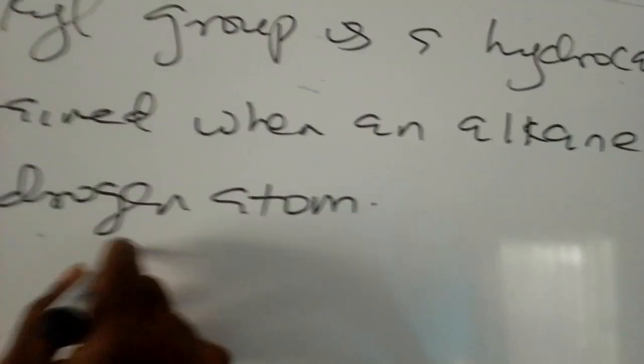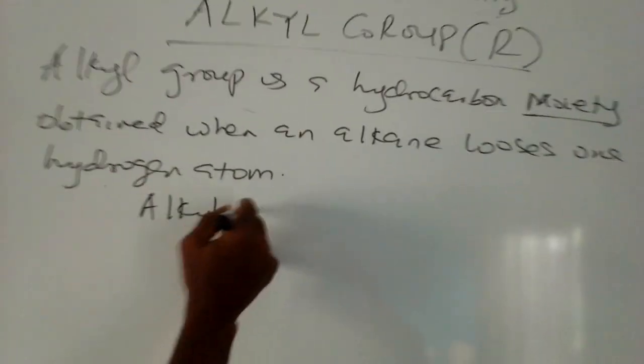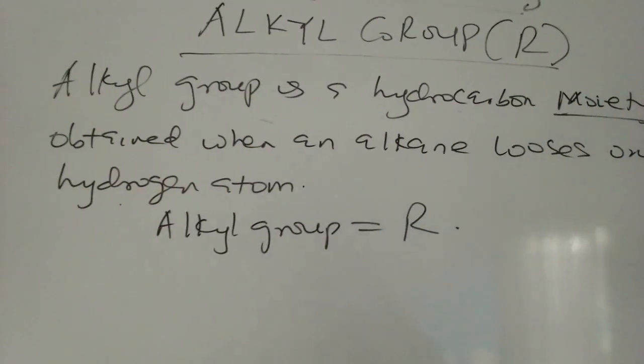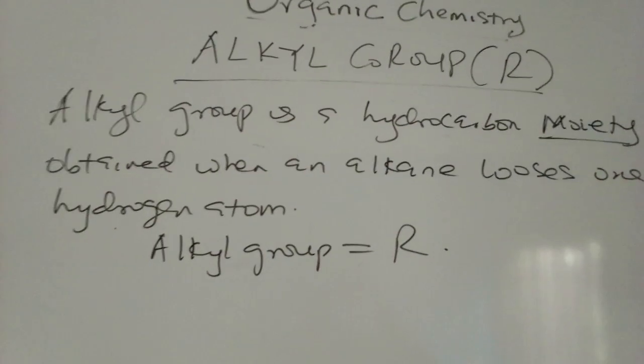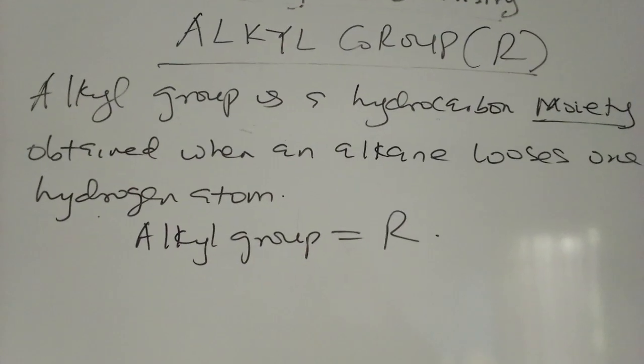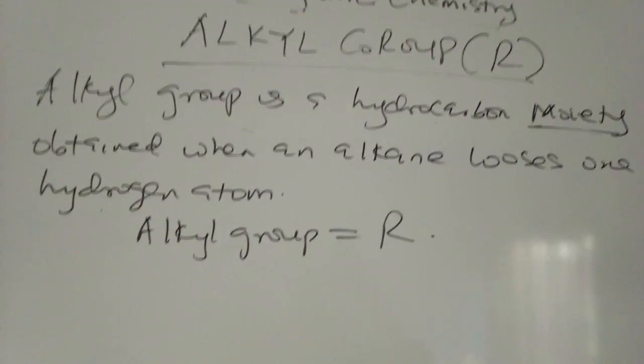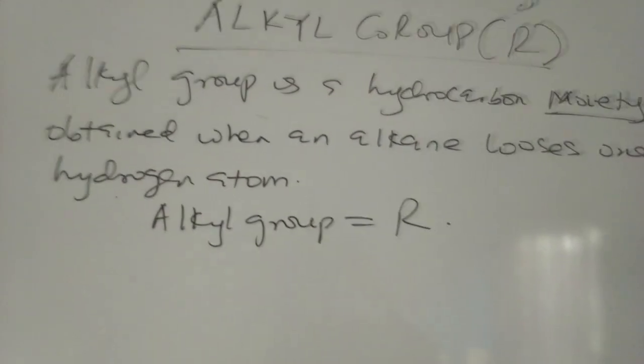So we represent the Alkyl group with a general symbol R. So say that it's a hydrocarbon moiety or fragment obtained when an alkane loses one hydrogen atom.